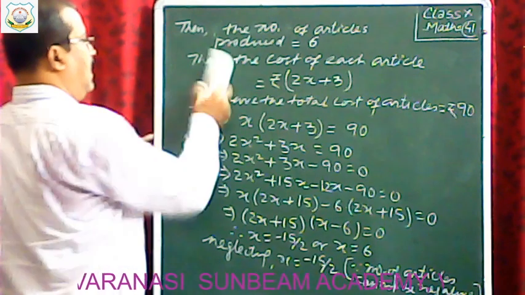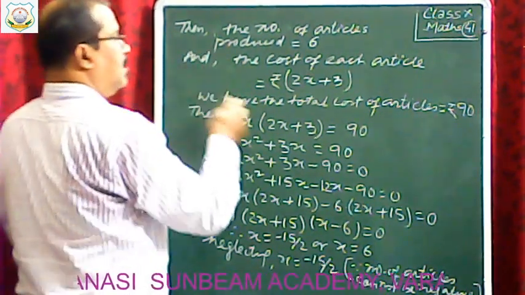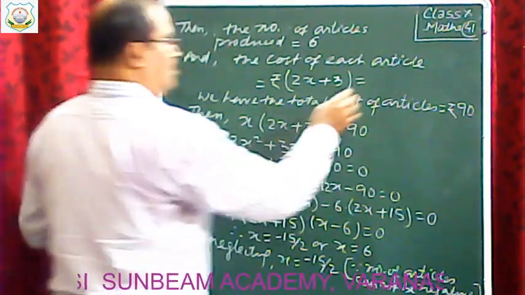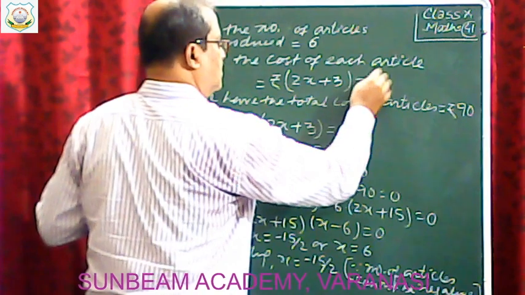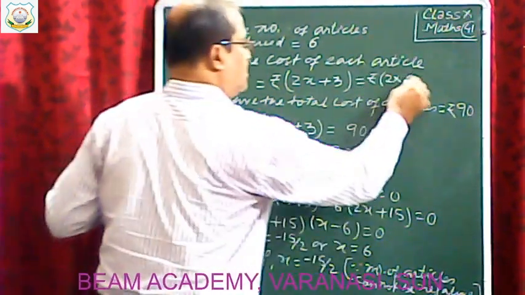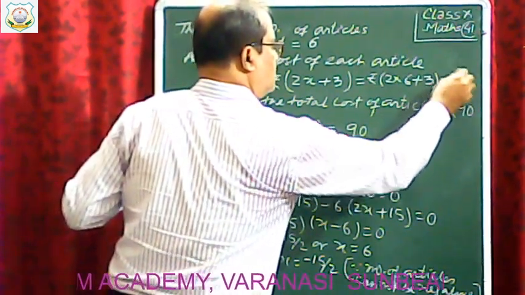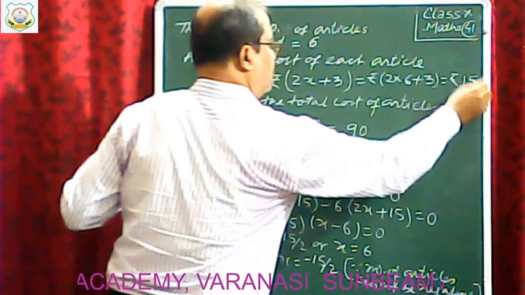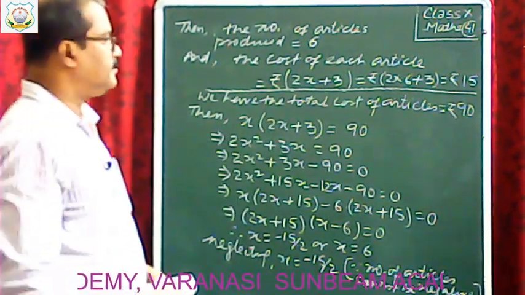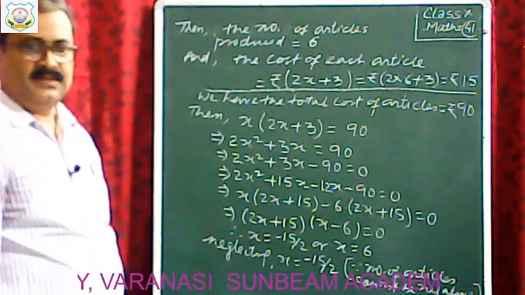Okay, and the cost of each article equal to rupees 2 into 6 plus 3, so rupees 15. Okay. Finally, you have to give your answer in statement.